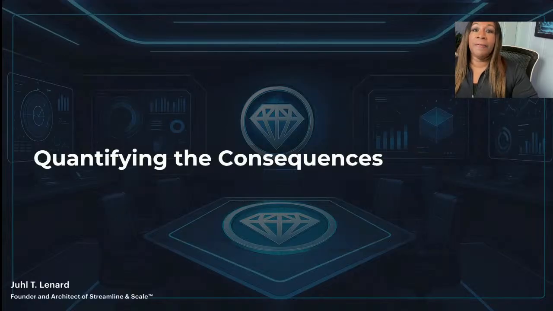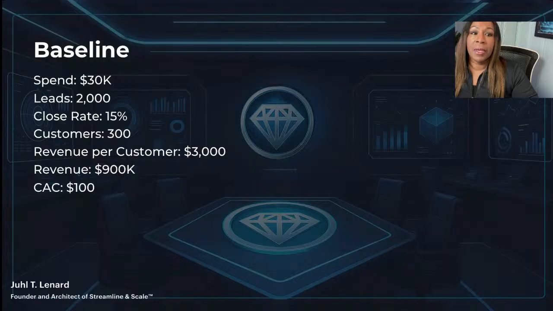So let's quantify the consequences of this misdiagnosis. We had a baseline spend of 30 grand for advertising, 2,000 leads, close rate was 15%. You got about 300 customers, revenue per customer is 3,000, revenue is 900,000, CAC is 100.